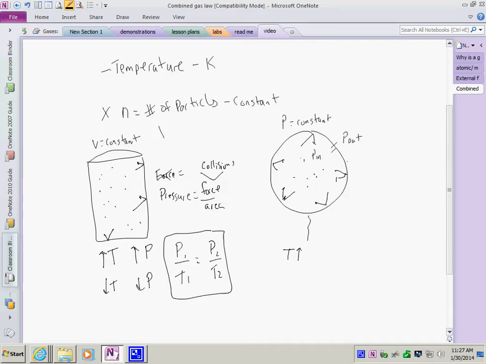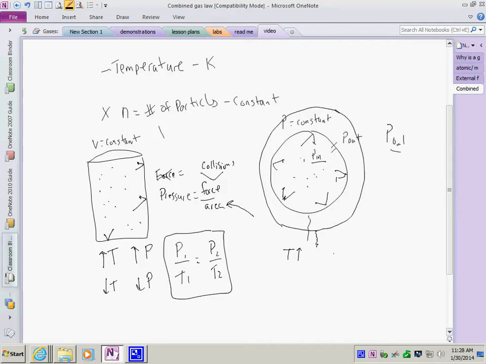This increased pressure causes the balloon to expand. As the balloon takes on a larger volume, there's more surface area, which causes the area to increase. The number of collisions per area returns to its original pressure, and the pressure inside once again equals the pressure on the outside. So if the pressure inside is greater, it has to expand, or vice versa.